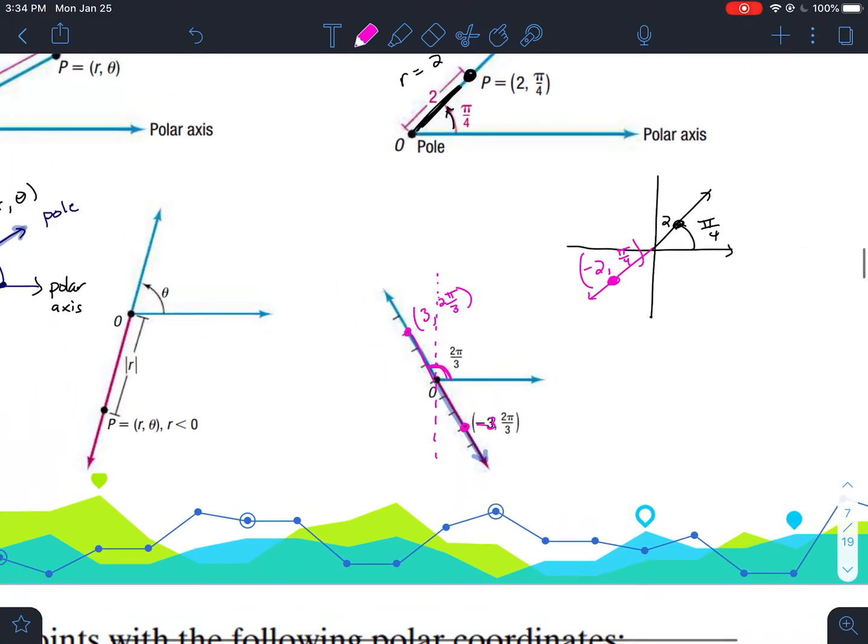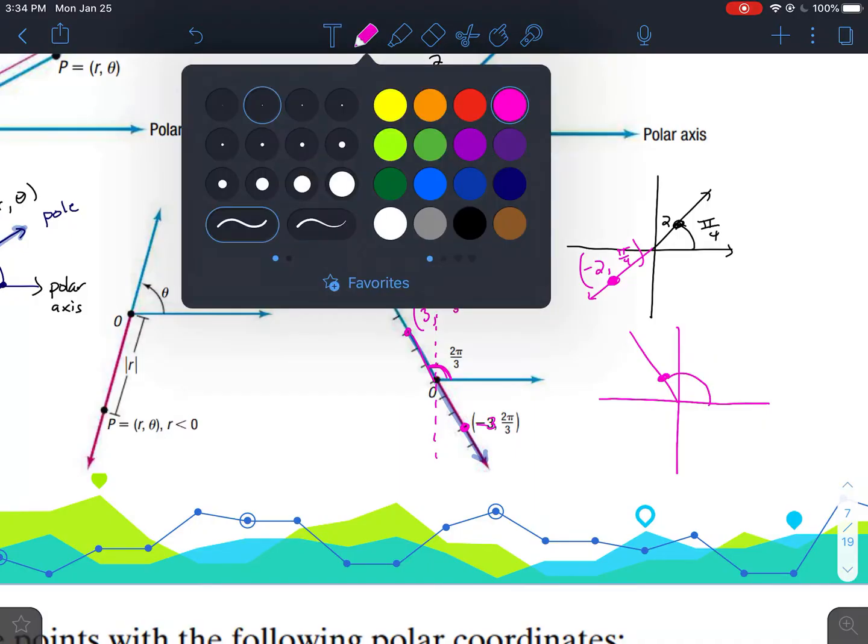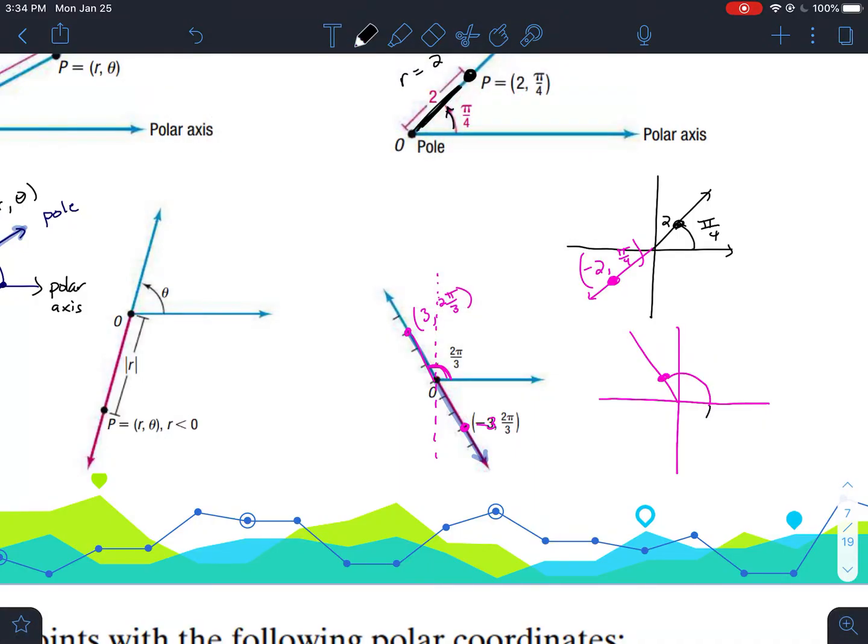Could we represent these using different angles or different radii? If we rotated to here and came out to here, on the picture it was 3, 2 pi over 3. Well, what if I rotated backwards? This would be rotating 180 degrees, or pi. And then if I want to rotate to 2 pi over 3, which would be 120, I would need to rotate 60 more, so 60 past pi.